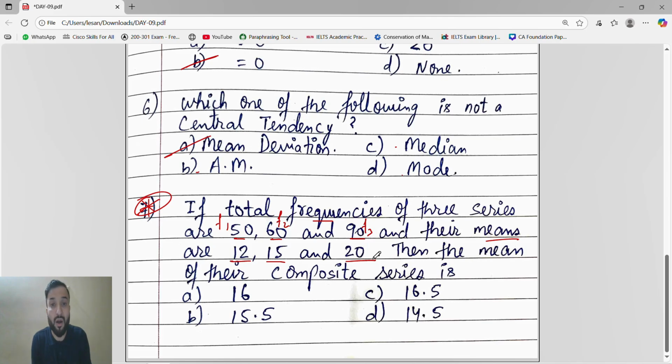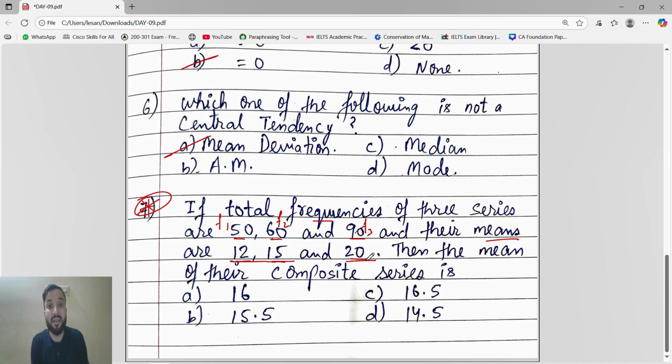Recall the combined mean: for the n1 set of observations we get the mean x1 bar, for n2 set of observations the mean x2 bar, for n3 set of observations the mean x3 bar. So for each set of observations we get its mean. They are saying their means are 12, 15 and 20.